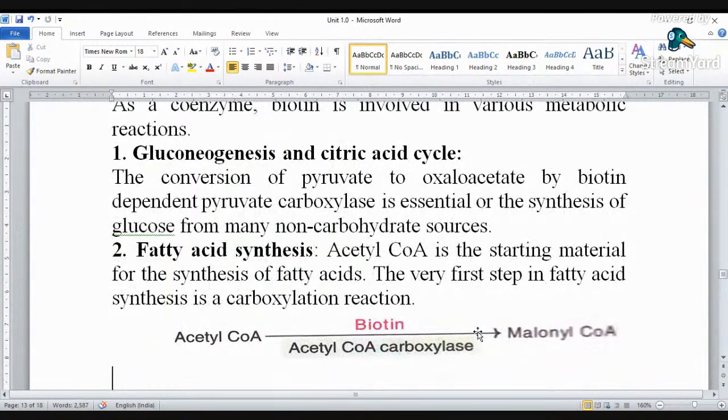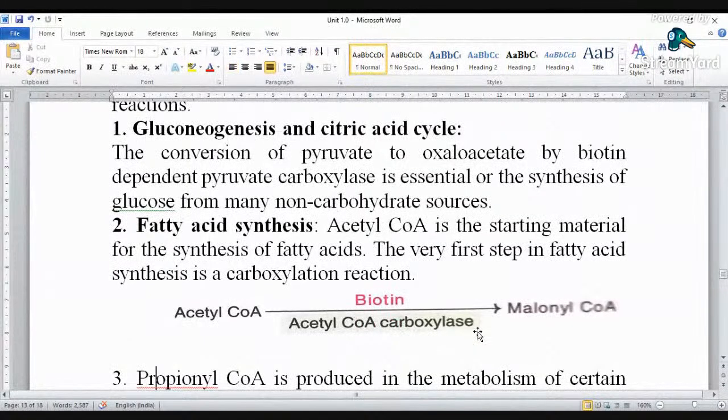Then fatty acid synthesis. Acetyl CoA is the starting material for fatty acid synthesis, and acetyl CoA is converted to malonyl CoA by acetyl CoA carboxylase. This is the first step of fatty acid synthesis. जर फर्स्ट सेमचा अभ्यास मन लावून केला असेल तर तुम्हाला हे सगळं आठवेल, आणि नीट केला नसेल तर आठवणार नाही.